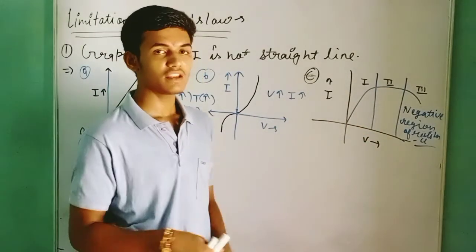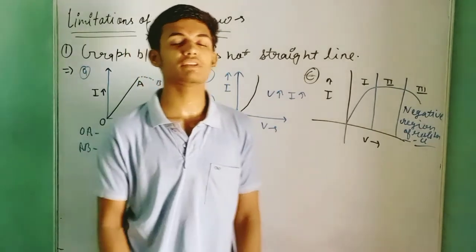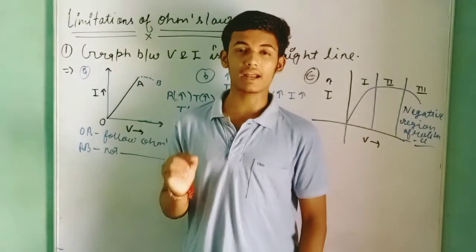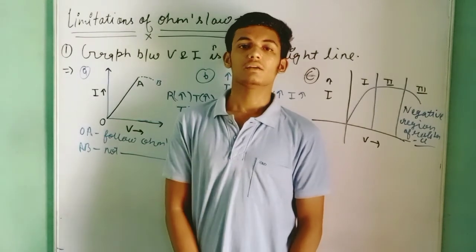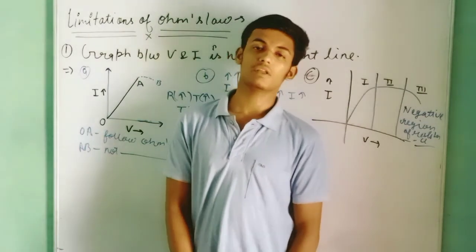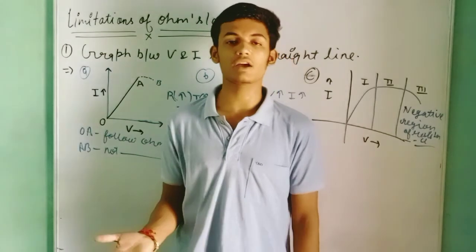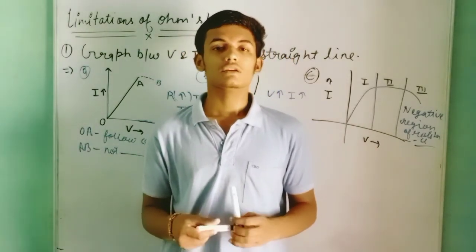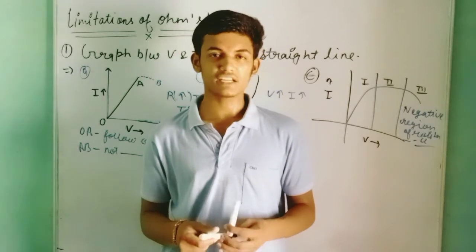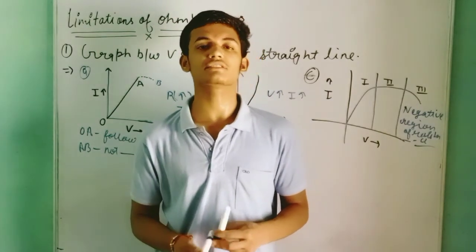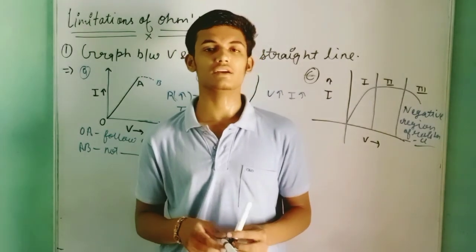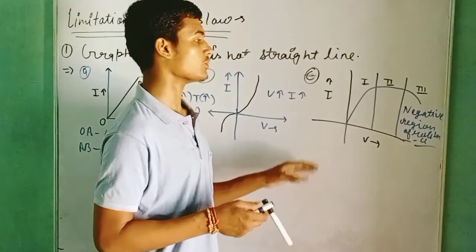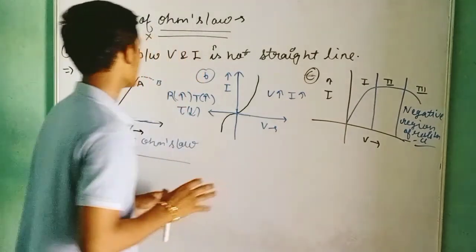Because in any wire when we increase current, electrons flow and current is flowing, but at a particular time resistance increases. If resistance increases, then current decreases, and it is due to the heat produced. So that is our today's topic.